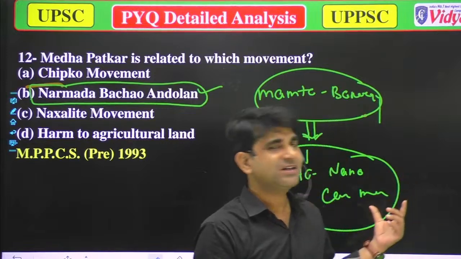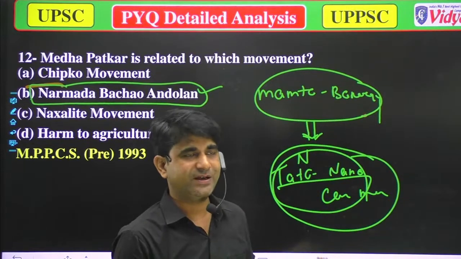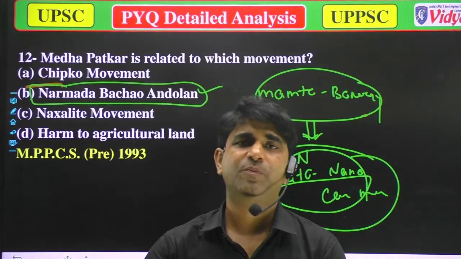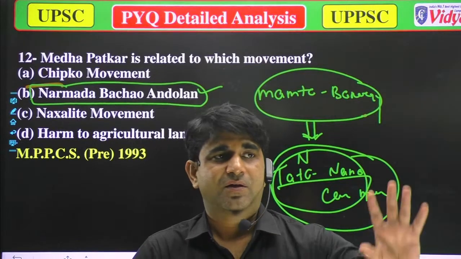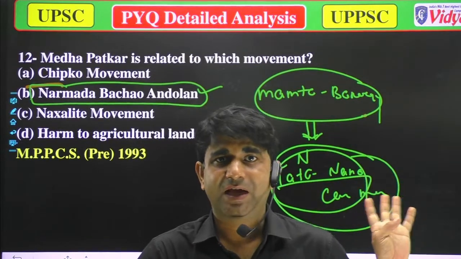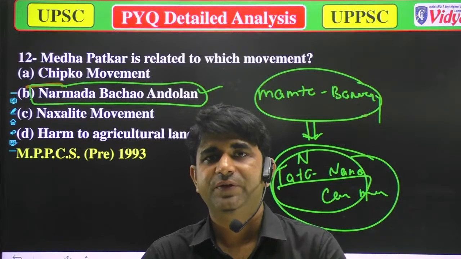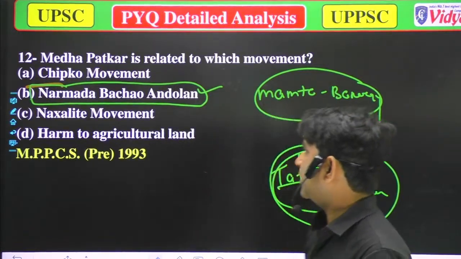Mamta Banerjee was famous for the Tata Nano movement, because Tata was establishing their Nano car plant in West Bengal, and she opposed them, and she became very famous at that time. So that's why she is the Chief Minister. So the correct option is B.